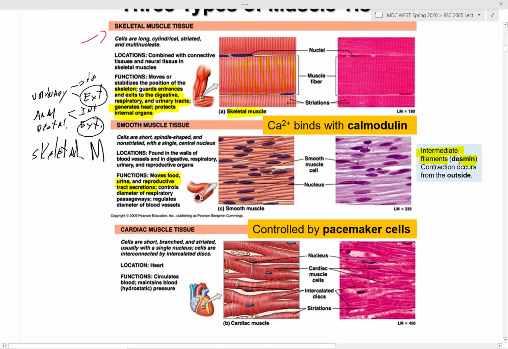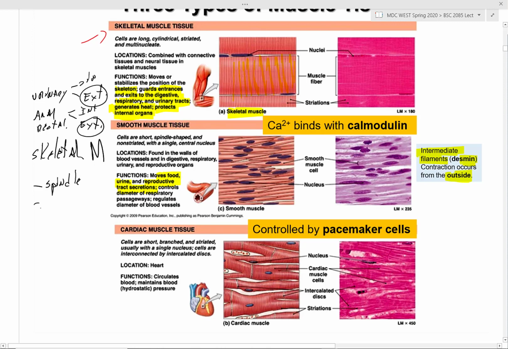And the contraction of the muscle, instead of taking place within the muscle, that's what we're going to spend most of our time on, it takes place the opposite way, which is what? From the outside. So, from a smooth muscle, what do you need to learn? Come on, guys. Nobody's going to say anything? You have a spindle shape.